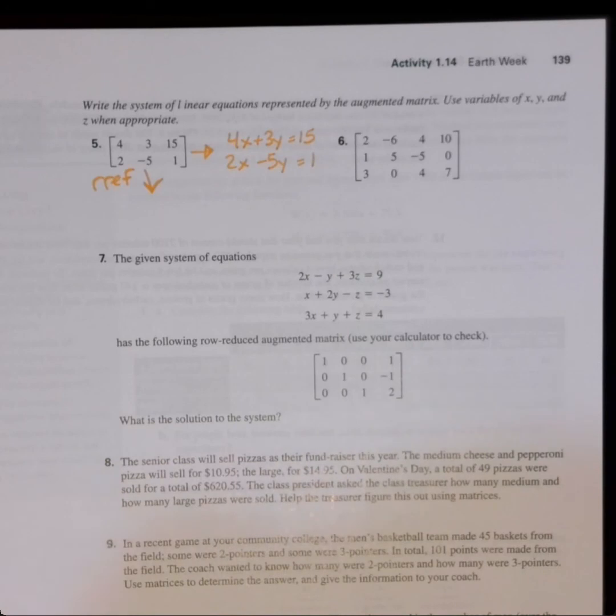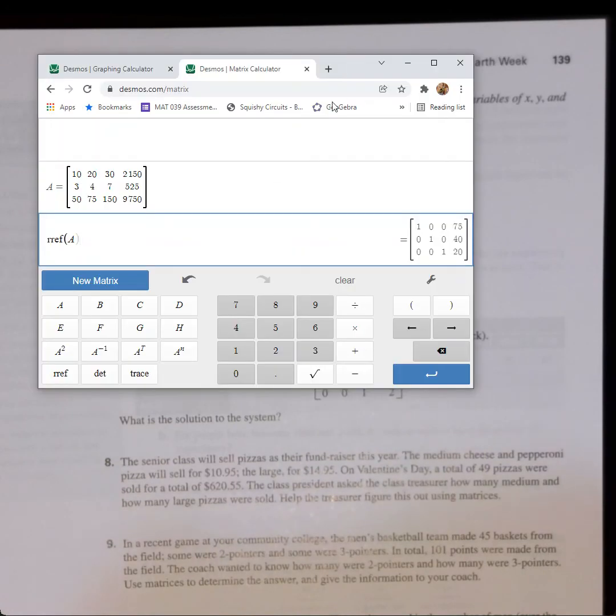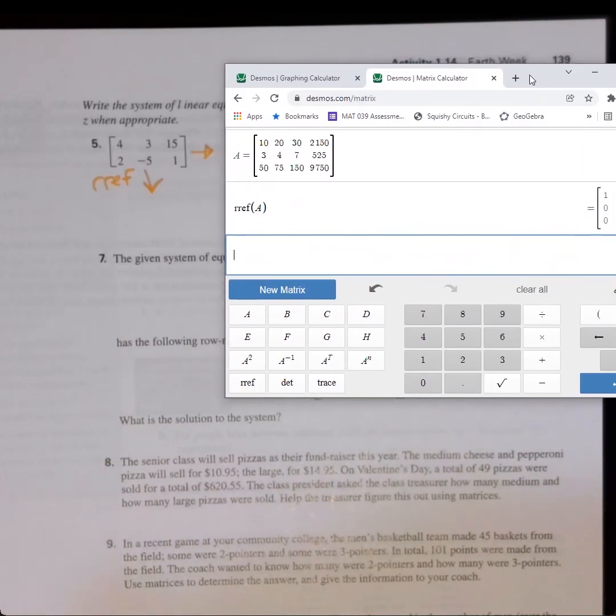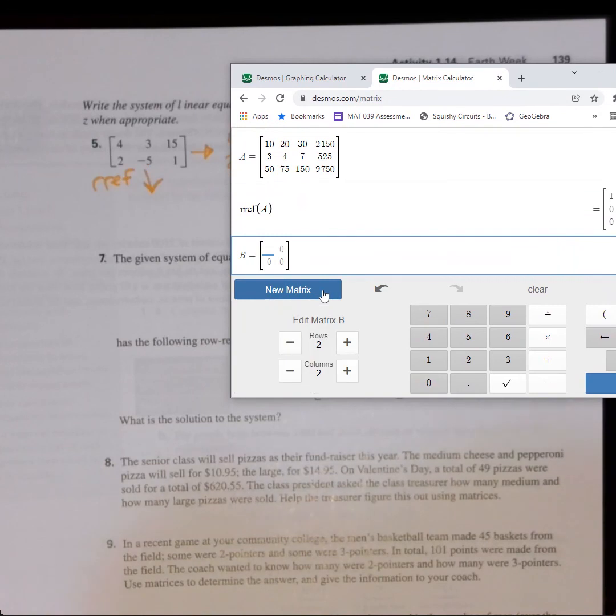Just one more practice here using the matrix calculator. All right, so I'm going to enter a new matrix. This one needs to have 2 rows and 3 columns. I'm going to enter our values for 4, 3, 15, and 2, -5, 1.